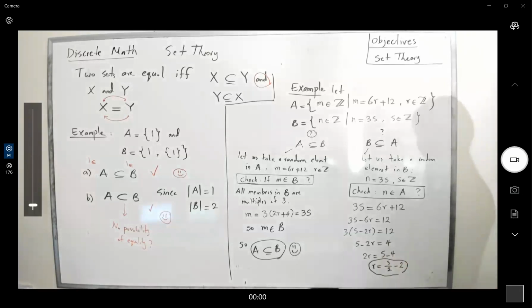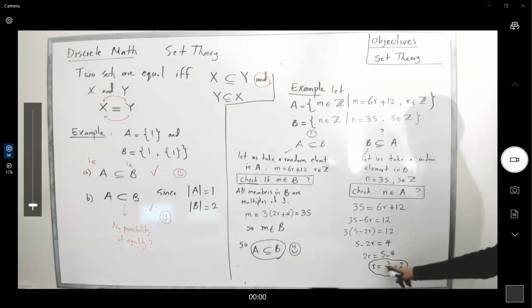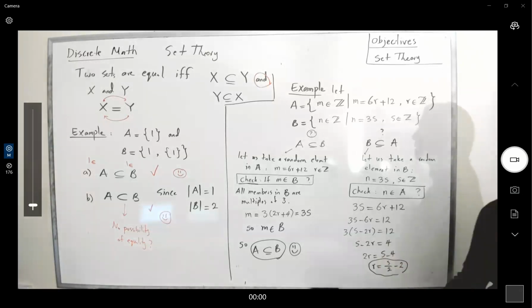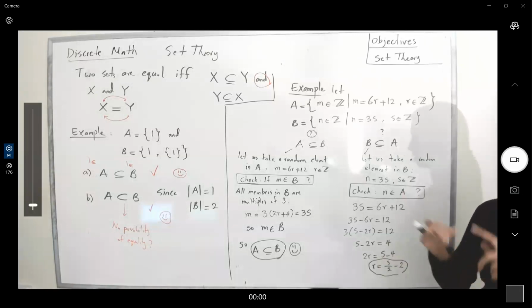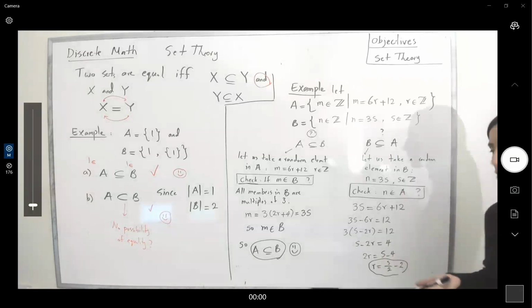Very well. You might say, hey, I don't know how to analyze this. What's the meaning of that? S is an integer. Think about it. What are integers? 0, plus minus 1, plus minus 2, plus minus 3.